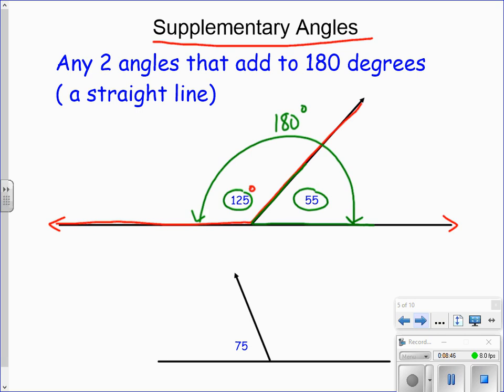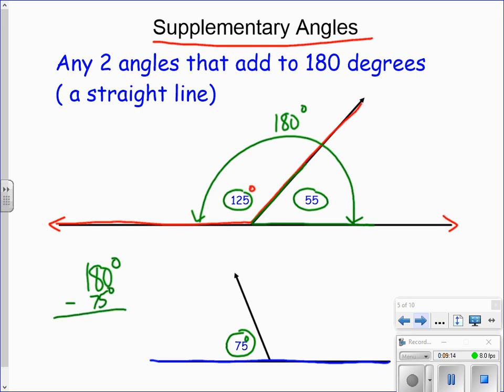So, of course, if you're looking at the bottom one here, if you're given a supplementary angle, if you're given 180 degrees, a straight line, and one of the angles is provided for you at 75 degrees, could you find the other one? Yeah, it's going to be 180, because it's a straight line, and all straight lines are 180 degrees all the way around, minus the part that you're given, which is 75 degrees.